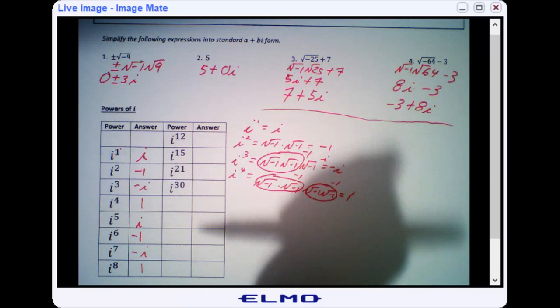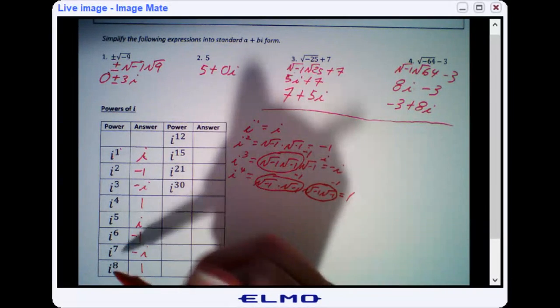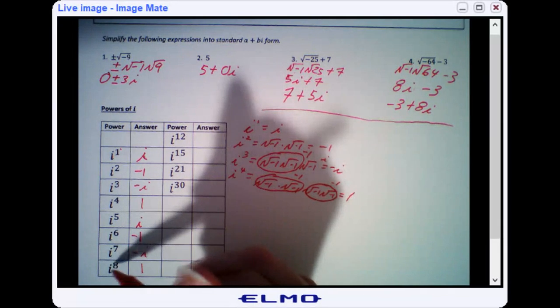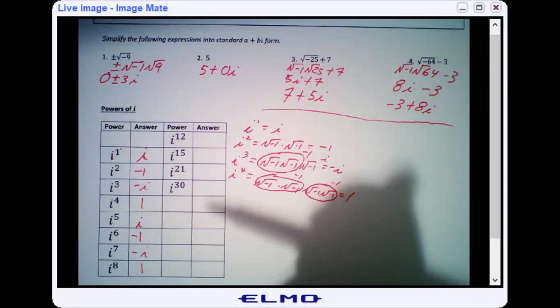So what you really need to know is we're going to take whatever your exponent is and divide by 4.